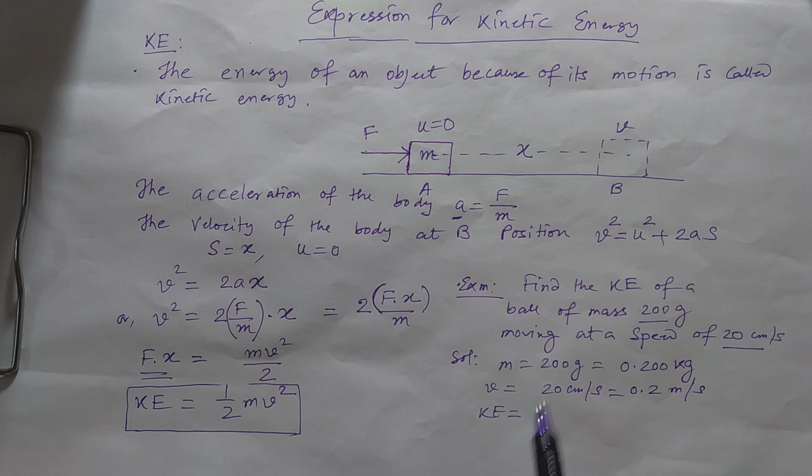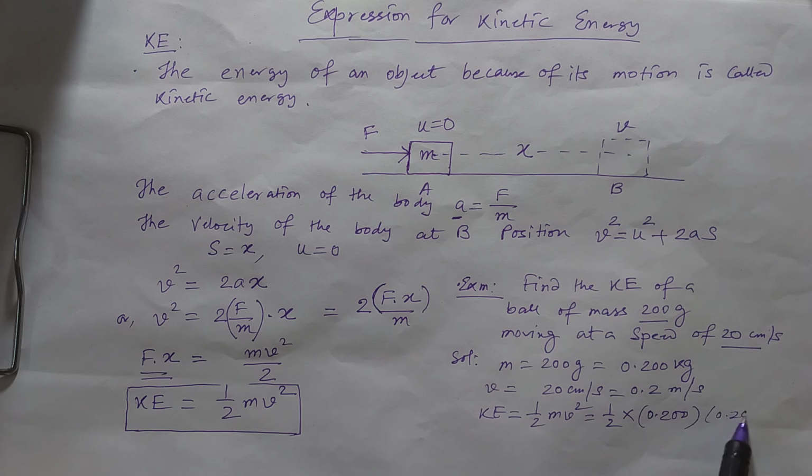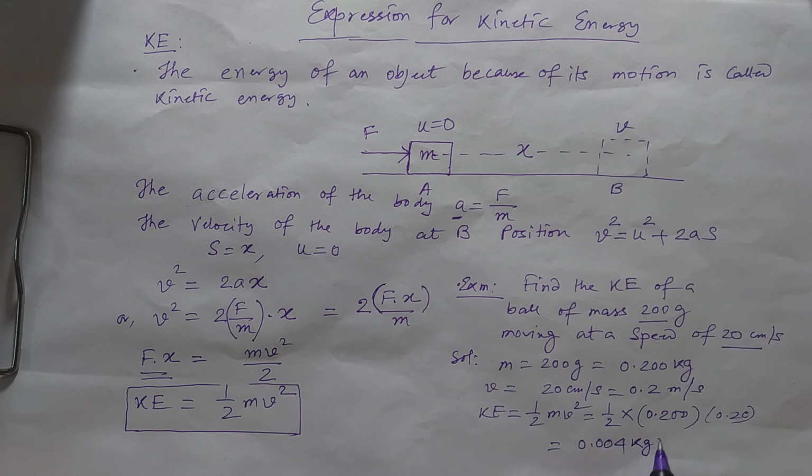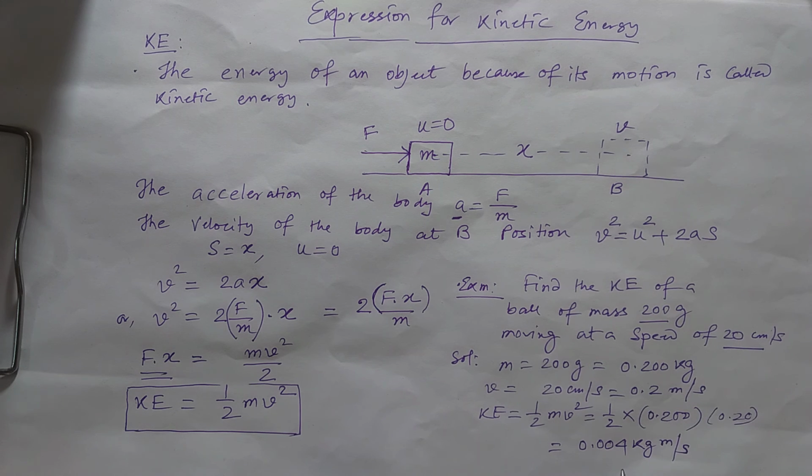Kinetic energy K is equal to half m v square, which is half into 0.200 into 0.20 squared, so we get 0.004 kg meter square per second square.